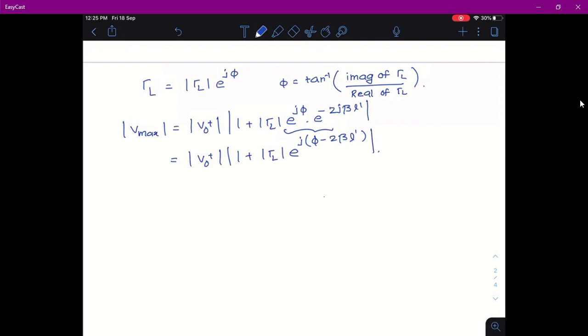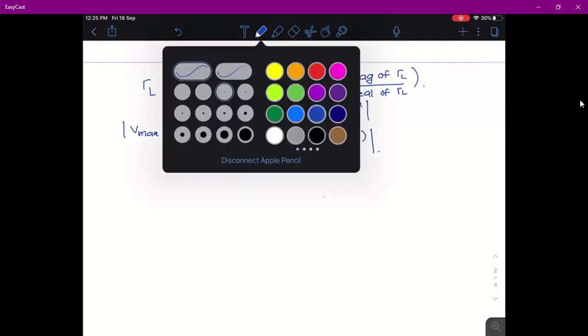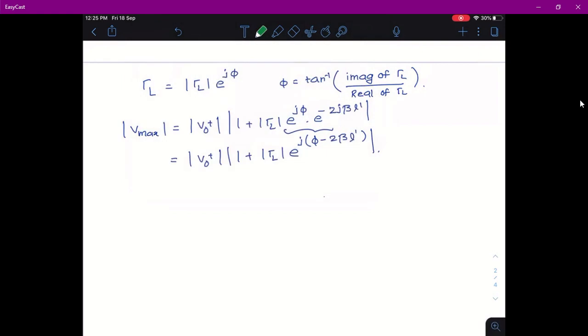We know the modulus of tau_L is positive. So, what happens to this term? The maximum value of the whole V max depends on the maximum value of this term.